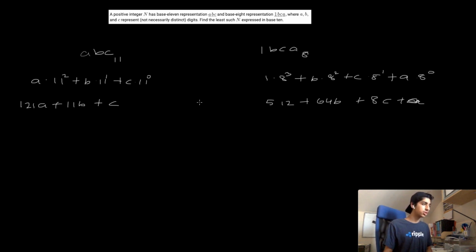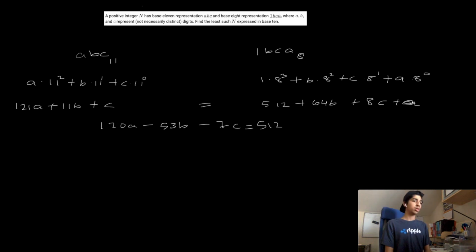So we can set these equal, and rearranging we'll get that 120A plus 11B minus 64B, which is negative 53B, and C minus 8C, which is negative 7C, is all equal to 512.